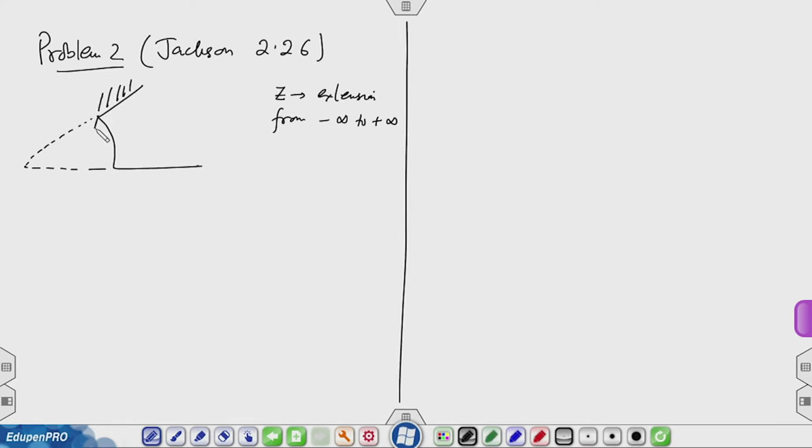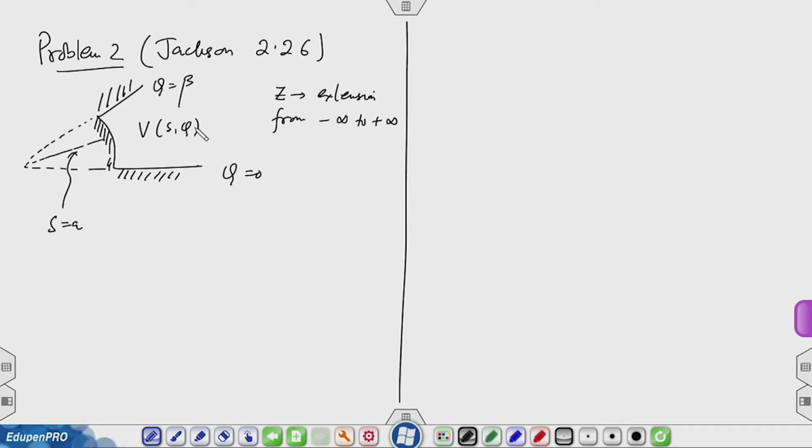This is the region with given boundaries phi equals 0, phi equals beta, this distance is s equals a, and the potential here is to be found as a function of s and phi.